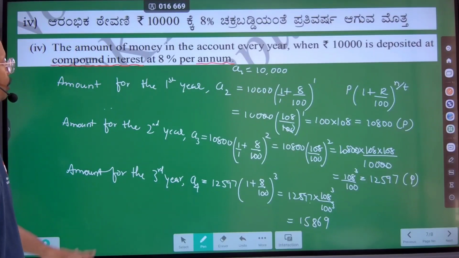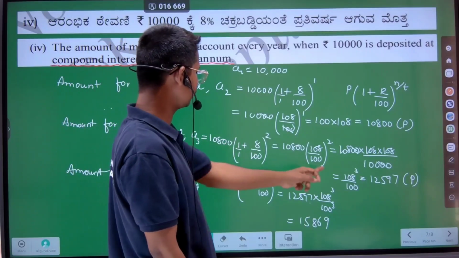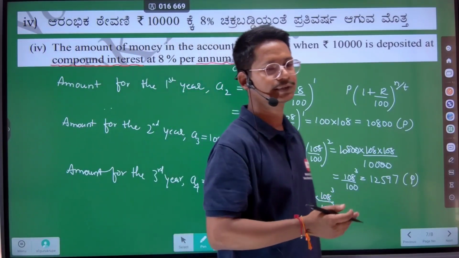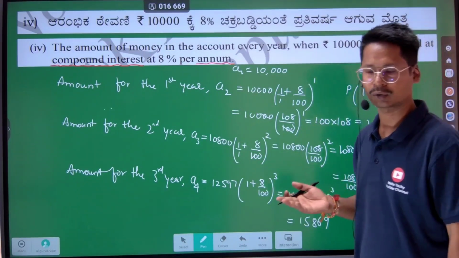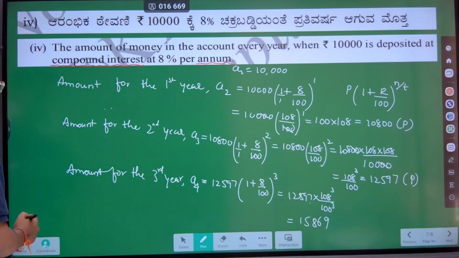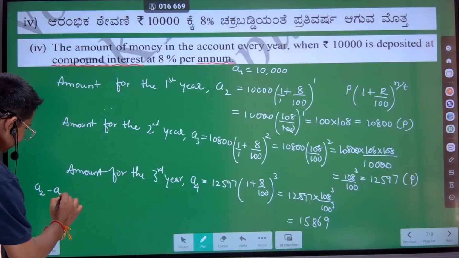Now we have got 4 terms: A1, A2, A3 and A4. Now we will see whether the common difference between two consecutive terms is the same or not. If it is the same, it is going to be an AP. So here I'll find A2 minus A1.